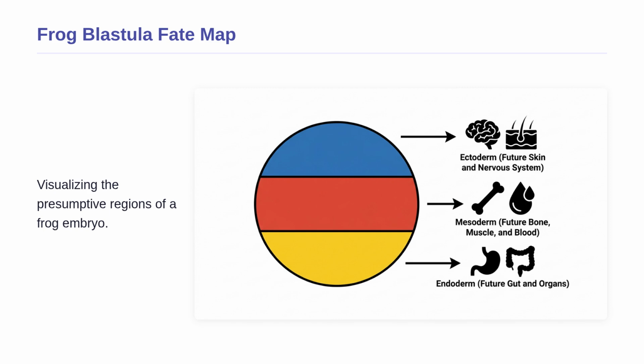The red band in the middle is the mesoderm, which will eventually form the bone, muscle, and blood. Finally, the yellow region at the bottom is the endoderm, which will develop into the gut and internal organs. This diagram beautifully illustrates how specific regions of a seemingly simple sphere are already programmed to become highly specialized adult tissues.